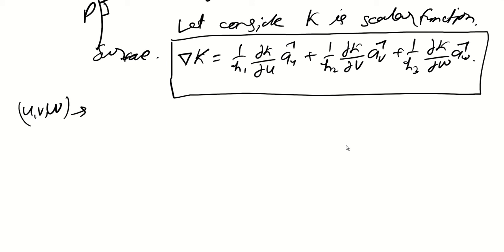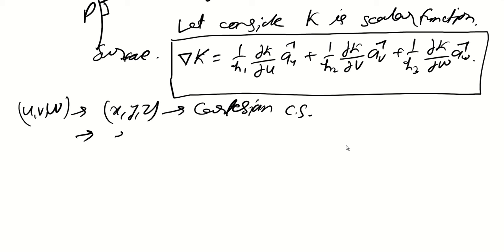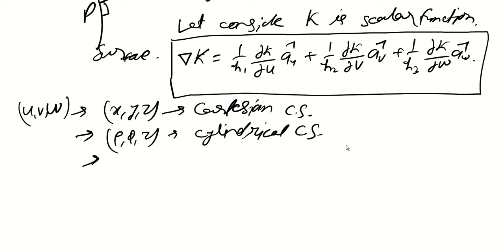So u v w will become x, y and z in Cartesian or rectangular coordinate system, and this will become rho, phi and z in cylindrical, and similarly this will become r, theta and phi, as we have studied all the three coordinate systems in our first lecture. So this will become spherical.